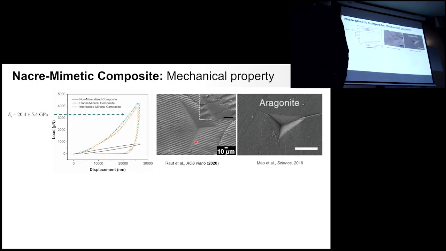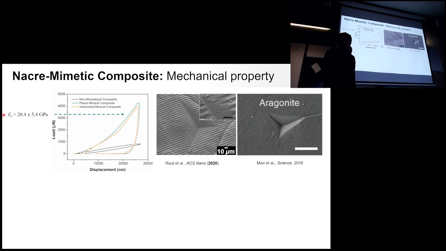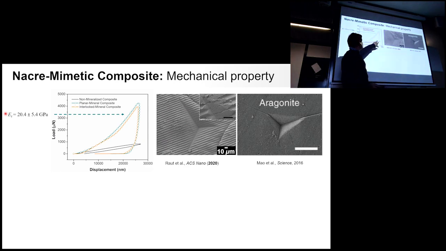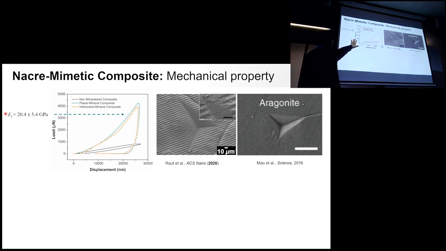Okay, so the other advantage is that, besides improving the tensile strength of chitosan, as I showed you, the stiffness of chitosan also improved. This is a test to measure the stiffness, called a nano indentation test. Here we take a very sharp needle and poke the surface, and depending on the slope of this curve, we know whether this surface is stiff or not.